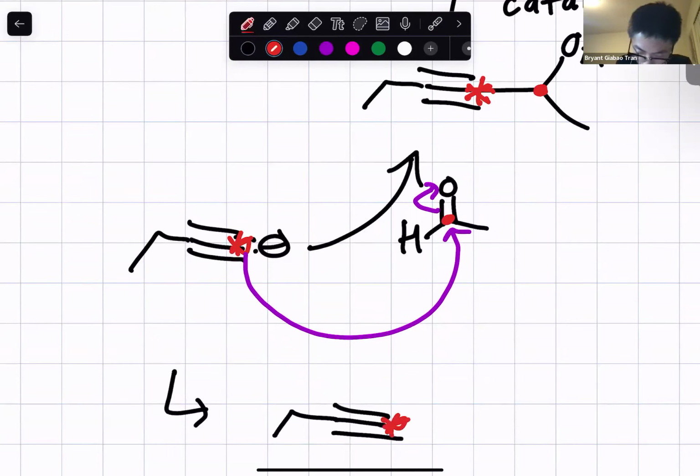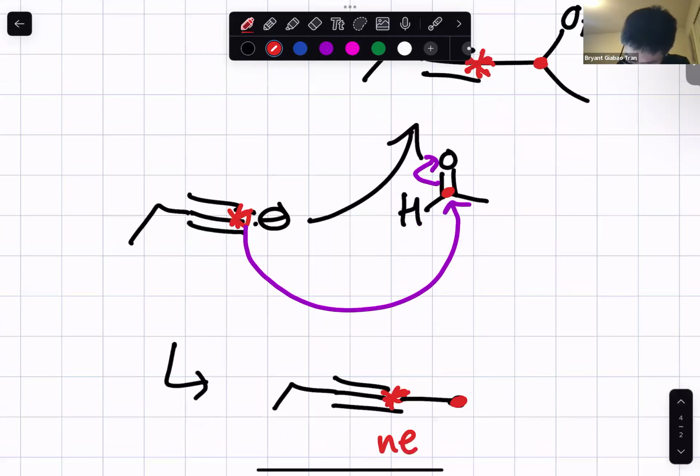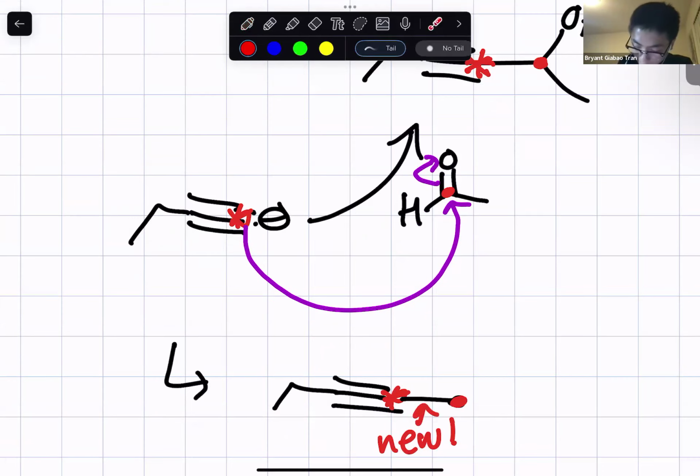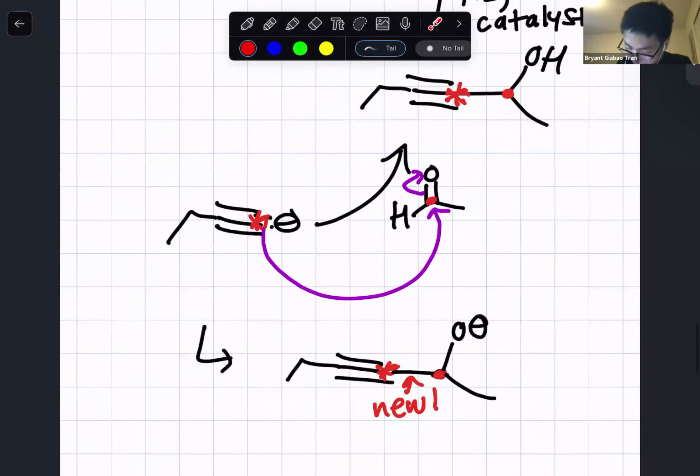The star atom is now attached to the dot atom right there. That's the new bond that gets formed between the star and dot atom, right? Now we draw what's attached to the dot atom. The dot atom is attached to an O minus group, a methyl group, and a hydrogen. But I'm going to leave that hydrogen out as invisible, right?